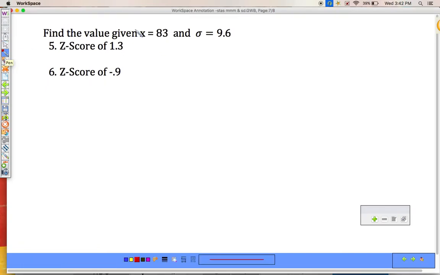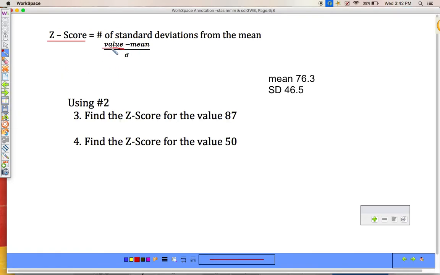And this needs a little bar over it. There's our mean of 83, standard deviation of 9.6, and these are your z-scores. So what we're trying to find this time, given the formula, is the value.